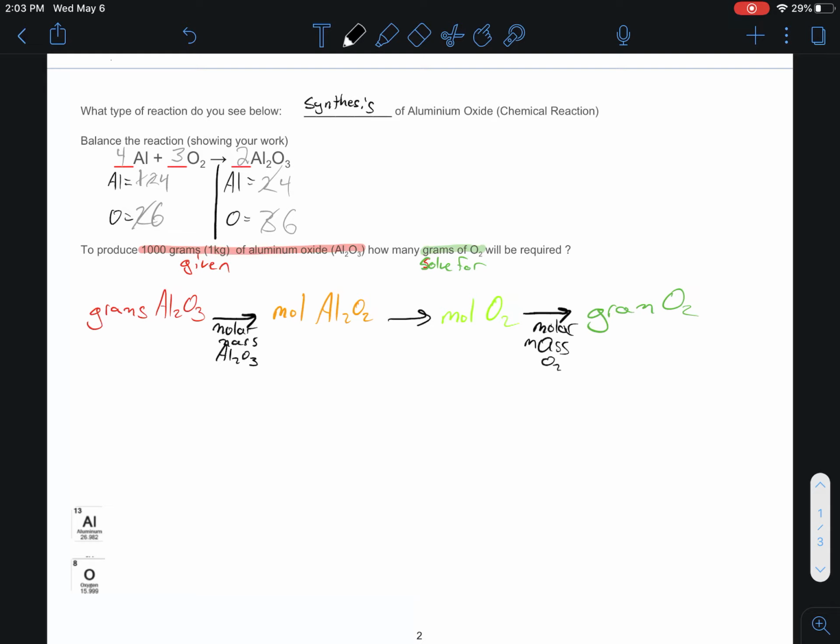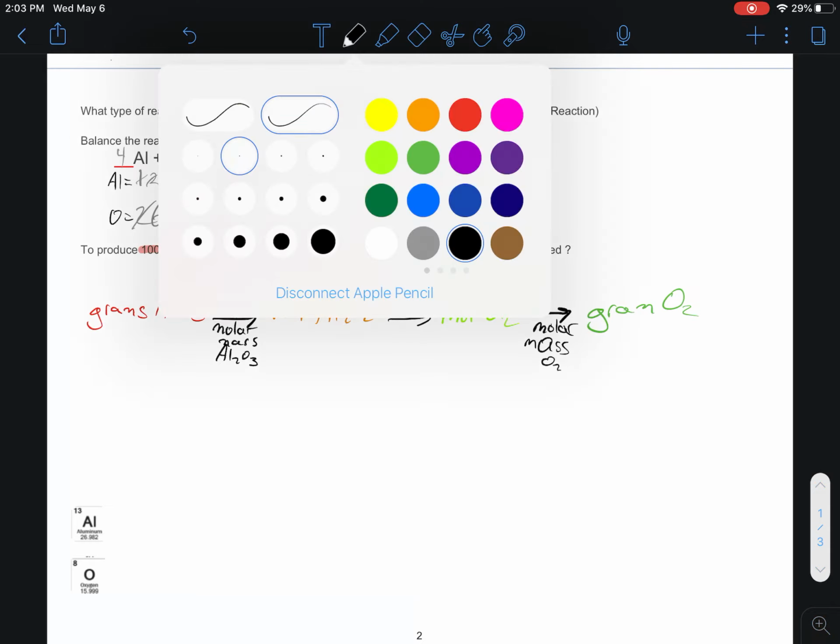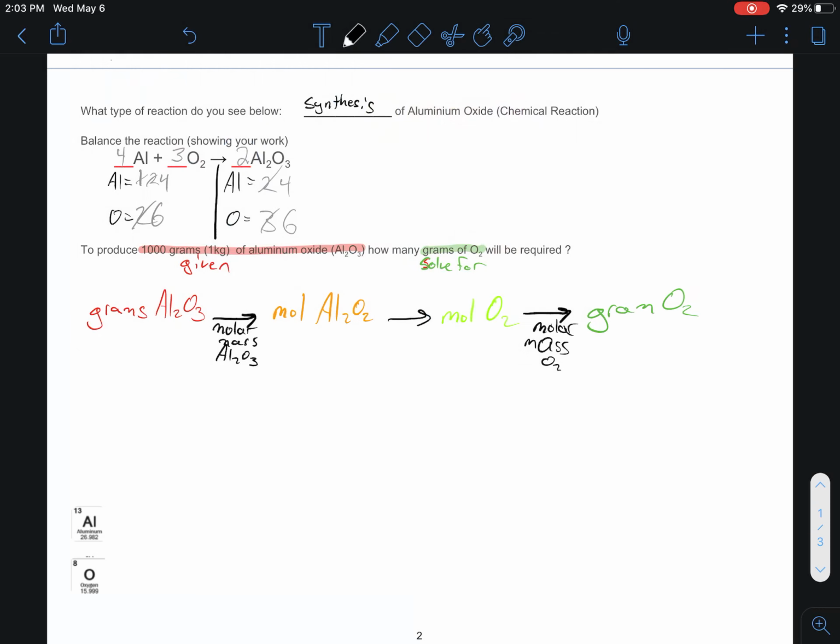I would like you to try to pause and set this problem up. Try to give me whatever your starting amount is, your given, times a conversion factor, times a second conversion factor, times a third conversion factor. Set that up with the units only. Don't give me numbers, just give me units. Press pause to try that.